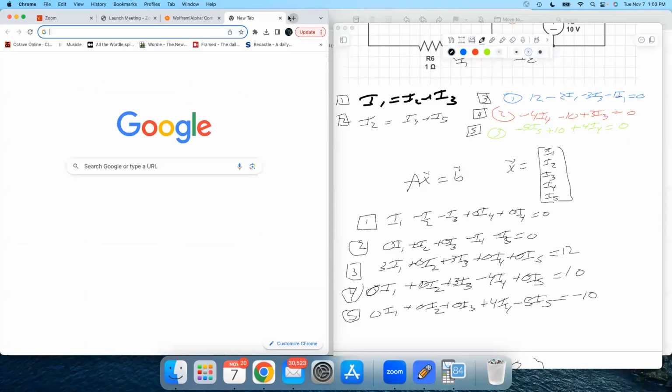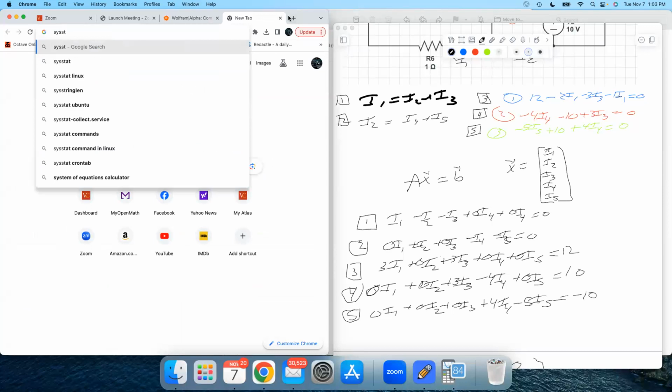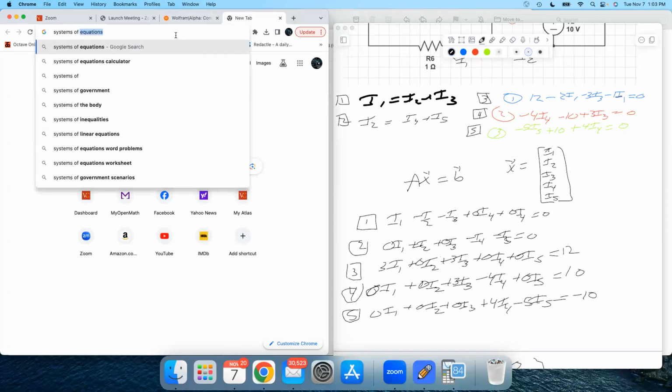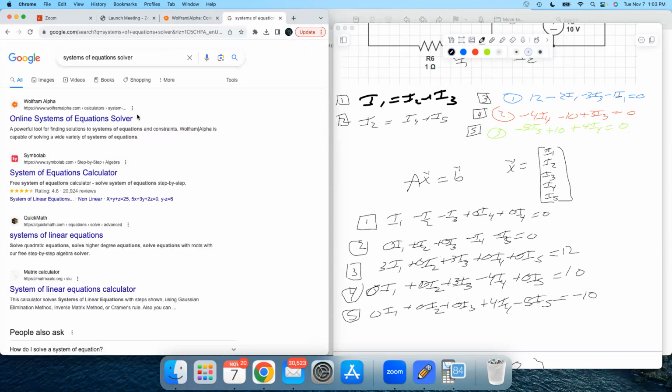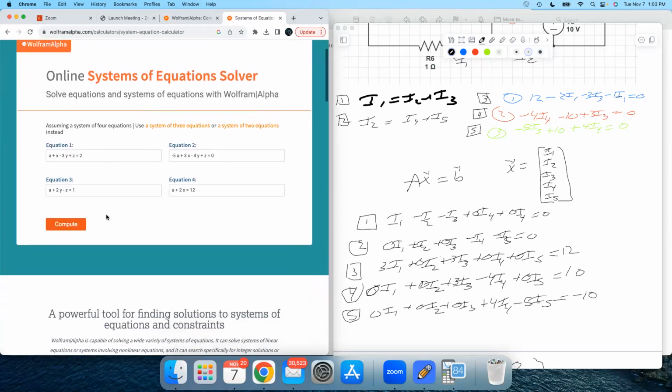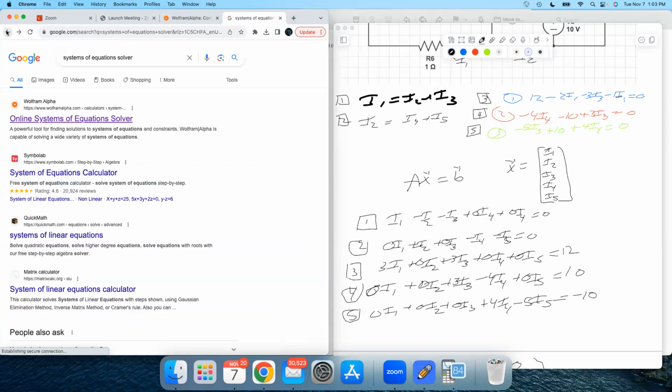Okay, so there are plenty of online systems of equation solvers. Wolfram Alpha is one of my favorites. See that there will only do 4.